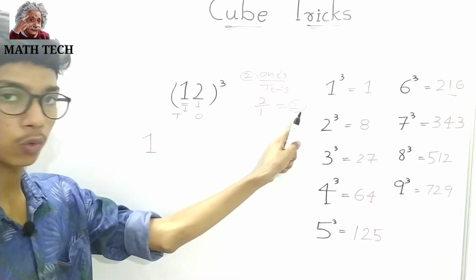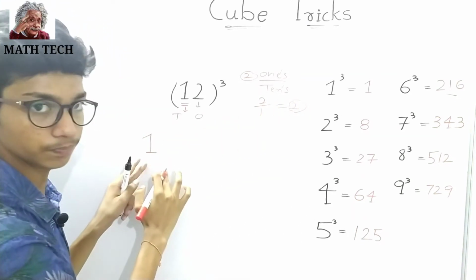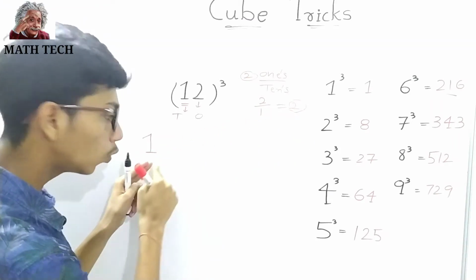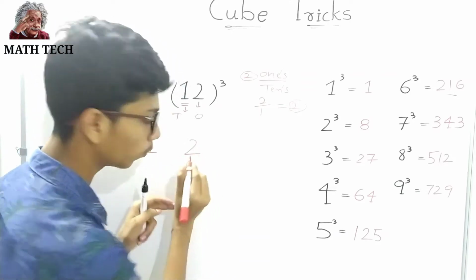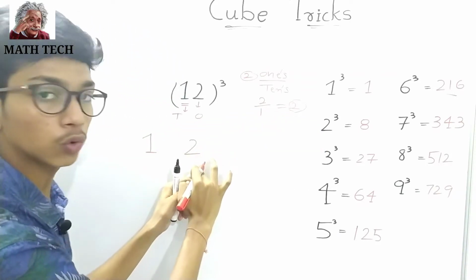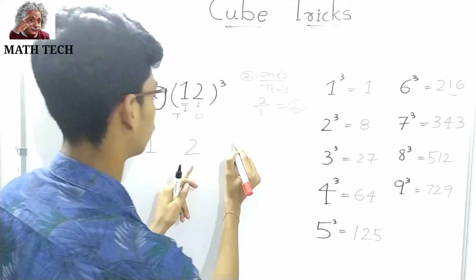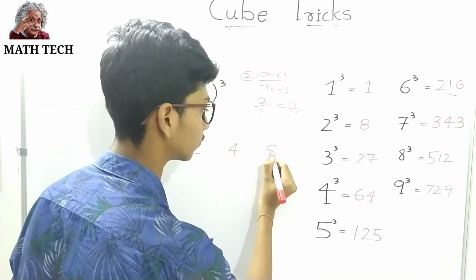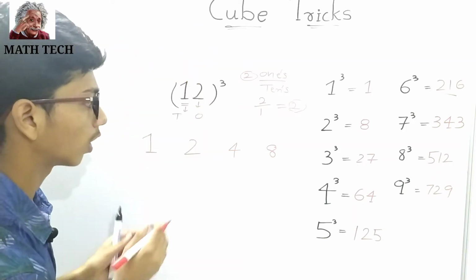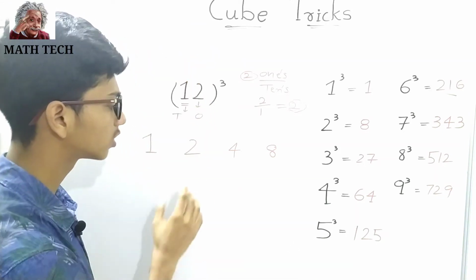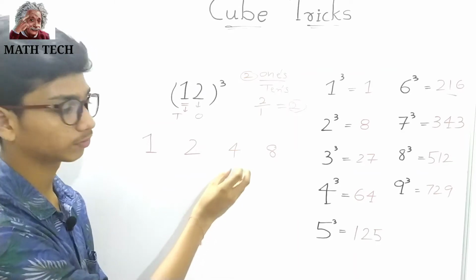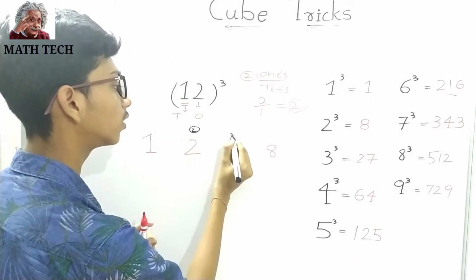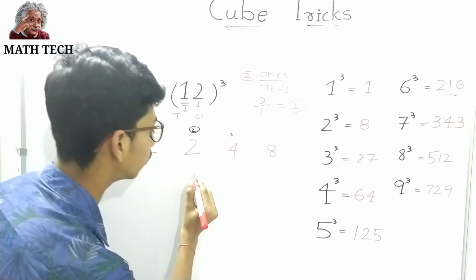Remember this value 2. Step 3 is to multiply up to 4 terms. 1 into 2 is 2, 2 into 2 is 4, and 4 into 2 is 8. Step 4 is to double the values of the second and third terms.